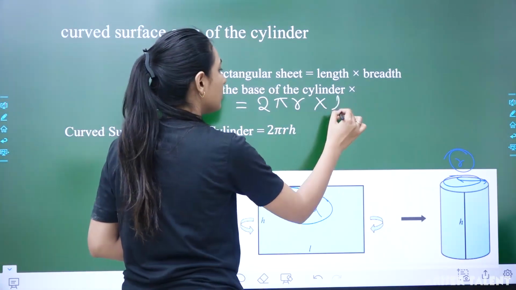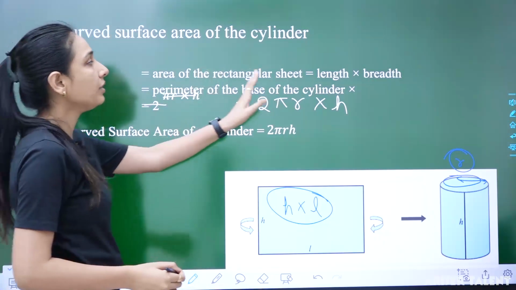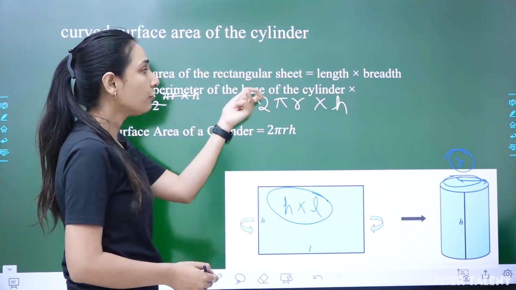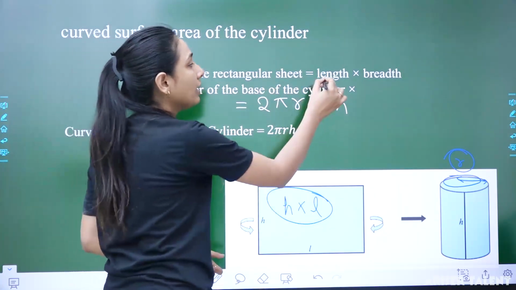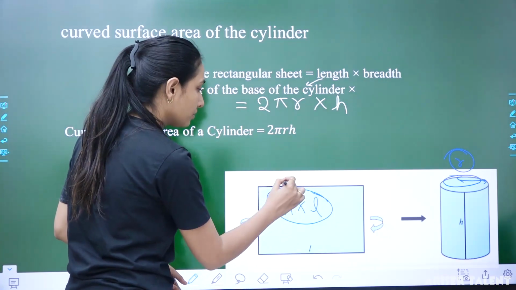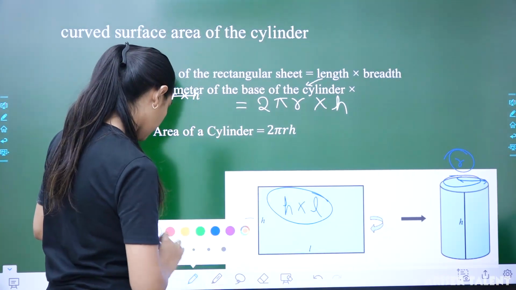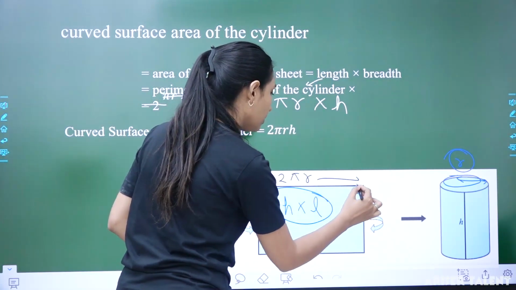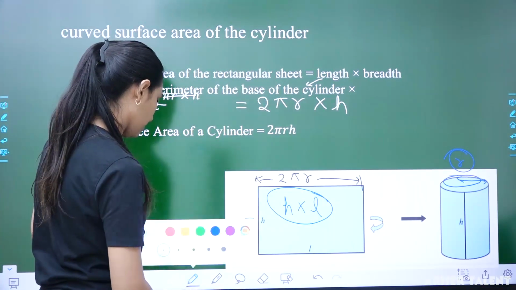Multiply by the height. Area of a rectangular sheet will be equal to length multiplied by breadth. Now the perimeter of the base of the cylinder, this is the length, 2 pi r.